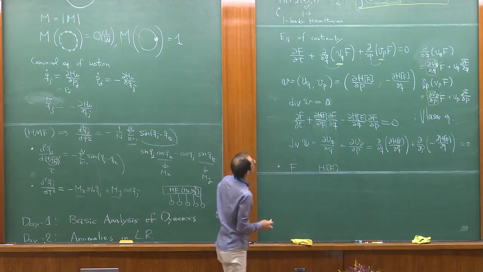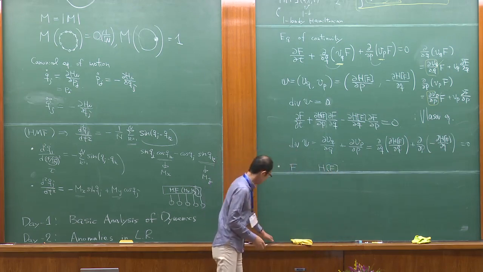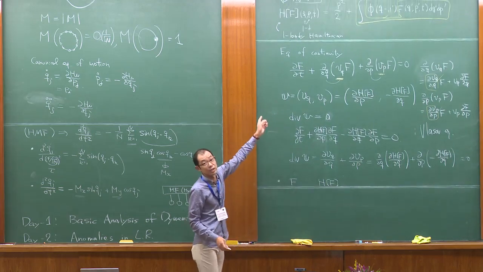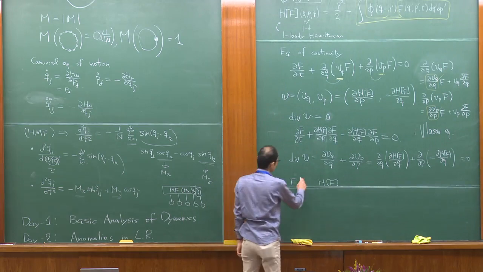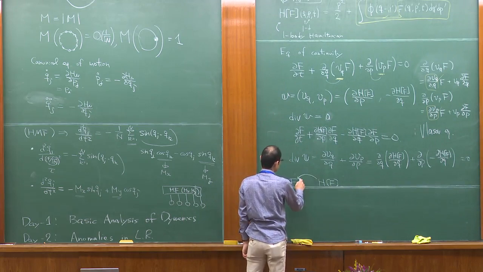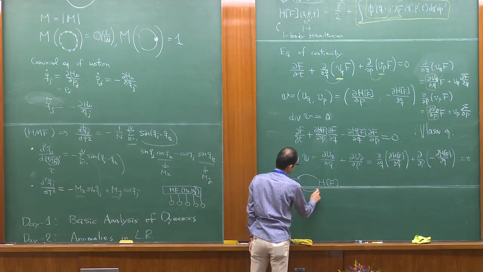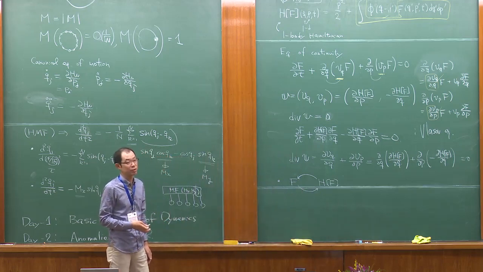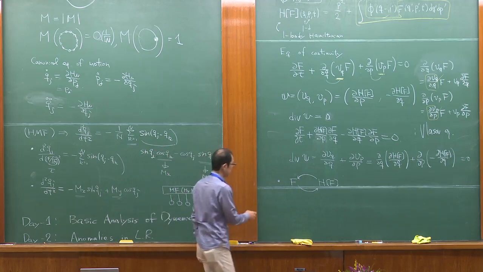But to compute the Hamiltonian, we need F. So the Hamiltonian is necessary for F, and F is needed for H. So we have to solve it self-consistently. So this is the first remark.